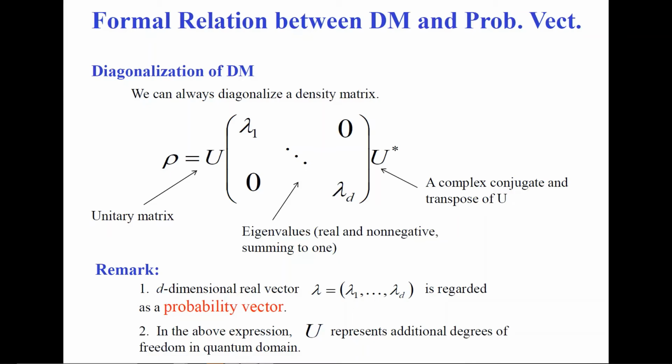First of all, in finite dimensional complex space, please recall that we always diagonalize a density matrix with a certain unitary matrix U. Here, on the diagonal, we can see lambda 1 to lambda d.